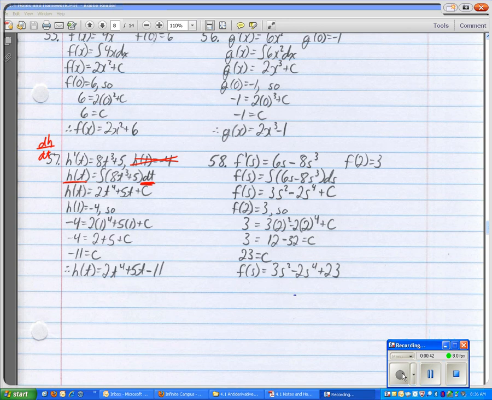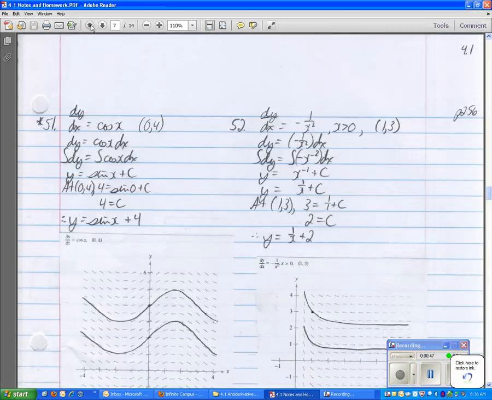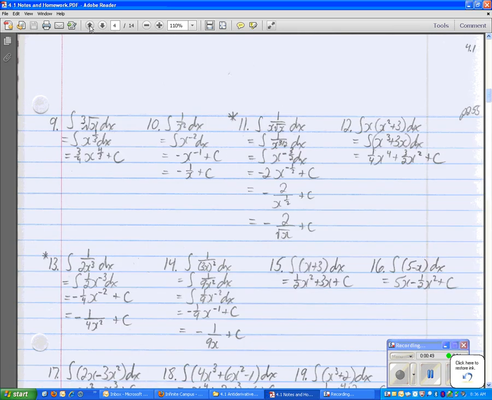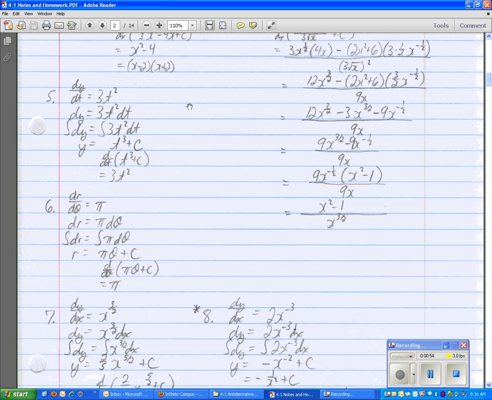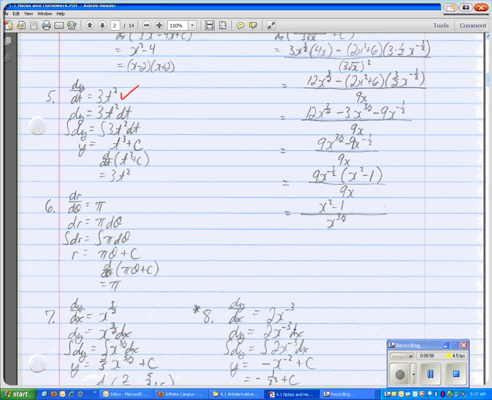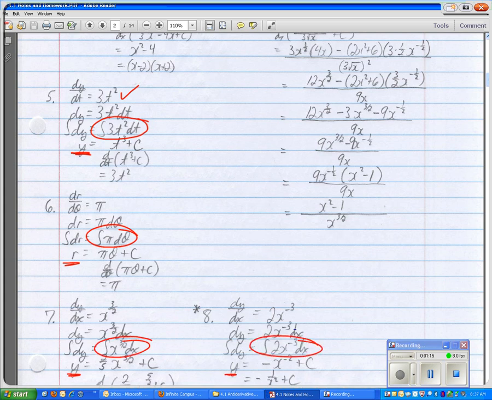Let me go backwards. Didn't all our differential equations work out the same way? Like we start with this, and then don't we end up with y on one side, and then the integral of whatever it was they gave us, dx, or in this case dt, on the other side? And doesn't that happen every time? It happens there, there, there.